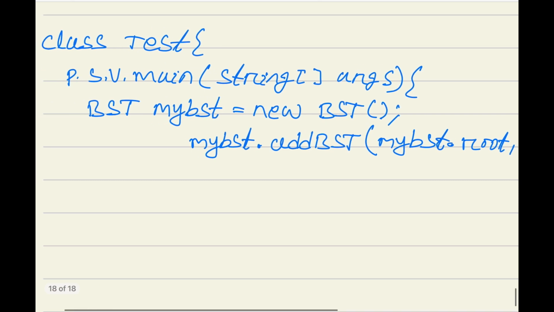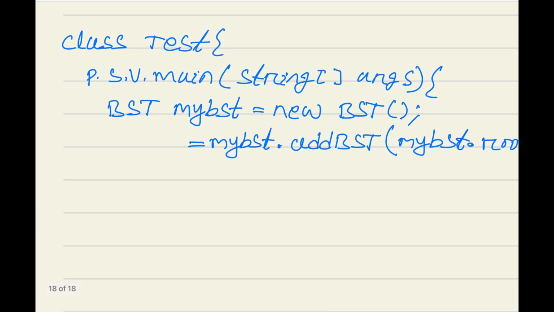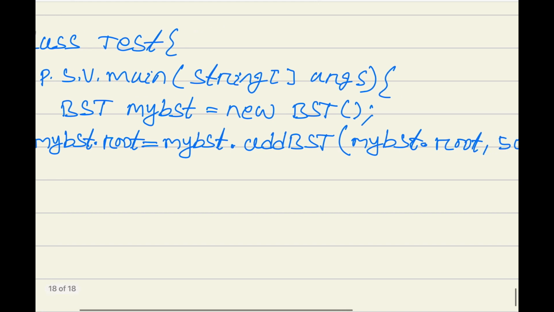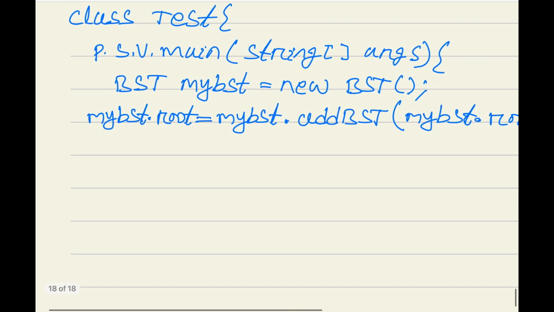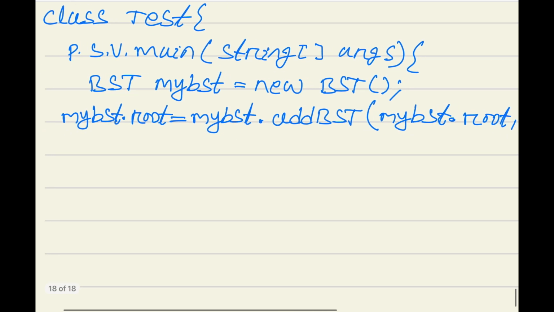So this addBST is going to return an object of type node. So we can store that in myBST dot root. So myBST dot root equal to myBST dot addBST, then it is taking two arguments myBST dot root and 50. Similarly we can add some other values like this.